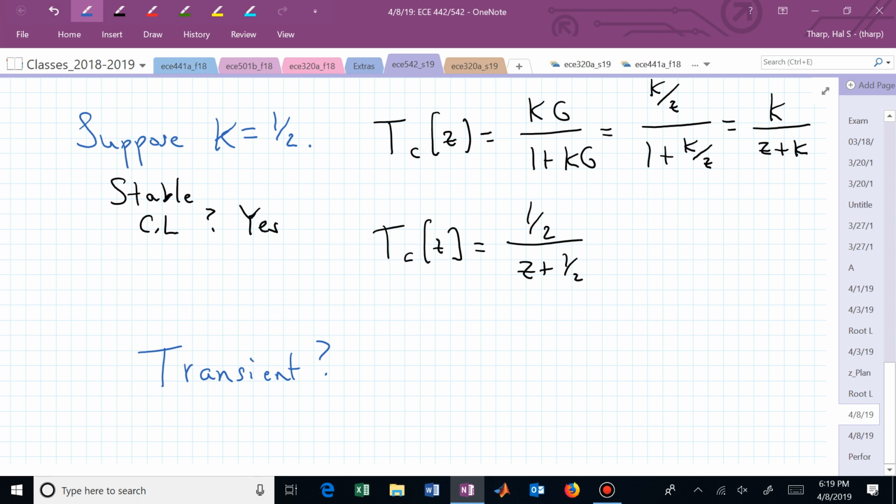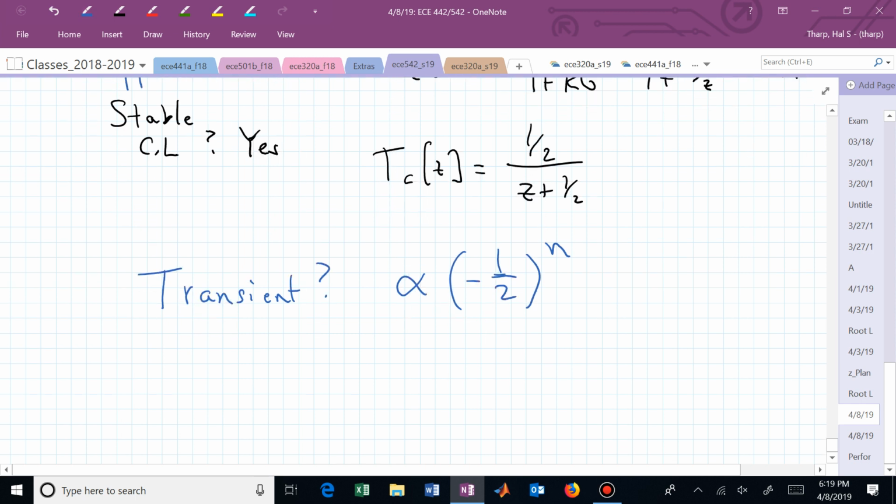Now you have to just make sure that you set z plus 1/2 equal to 0. The 1/2 is right, but it's minus, isn't it? So it's minus 1/2. So now our structure is alpha times minus 1/2 to the n, because we found this by looking at that.